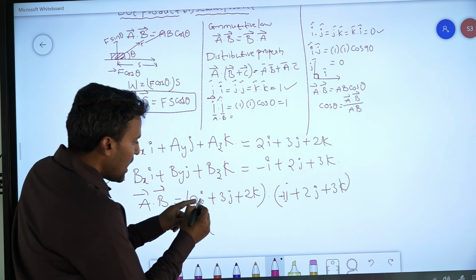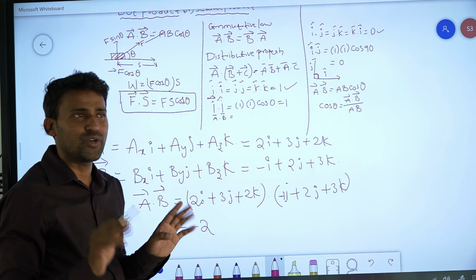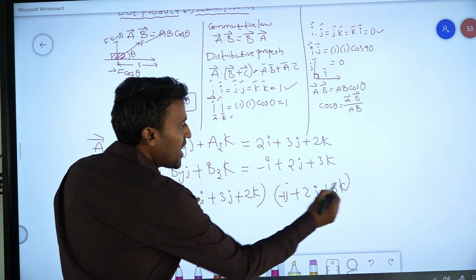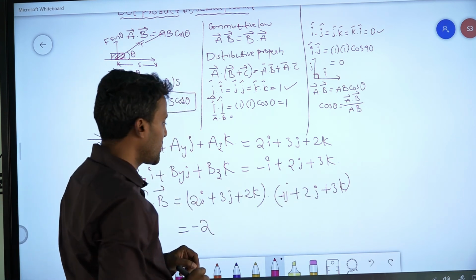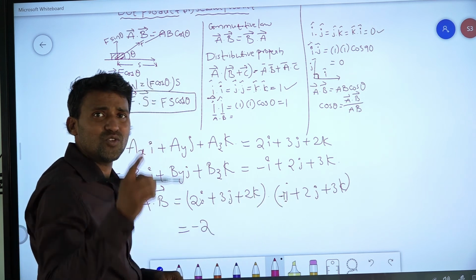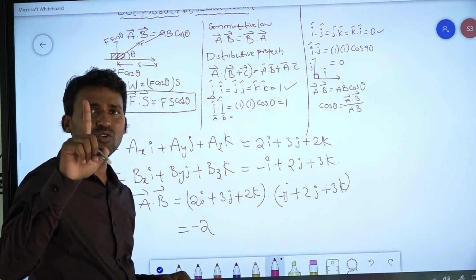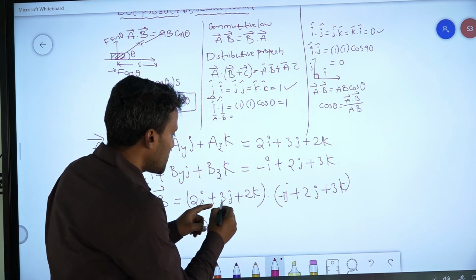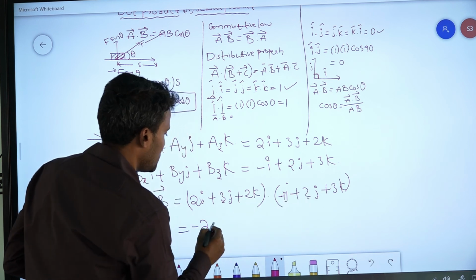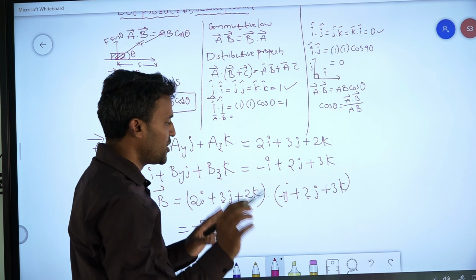Next one, i dot j, if I do it, 0 will come, no need to do it. i dot k also 0. Next one, j dot i also 0, j dot j is equal to 1. So 3 into 2 is 6. j dot k is 0, no need to do it.